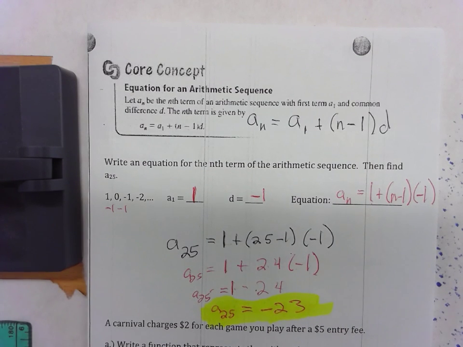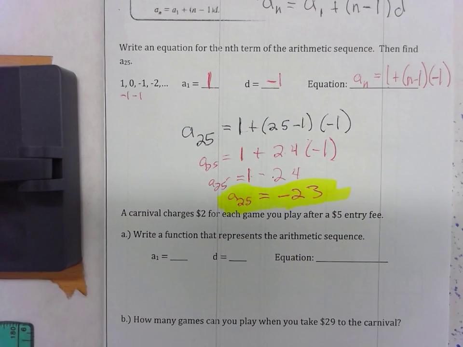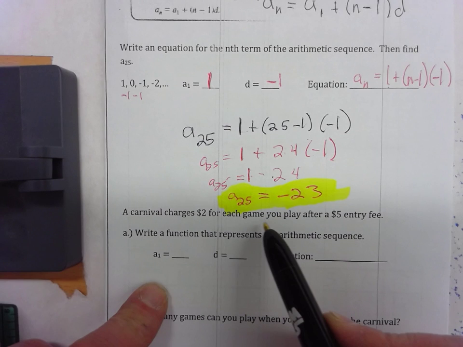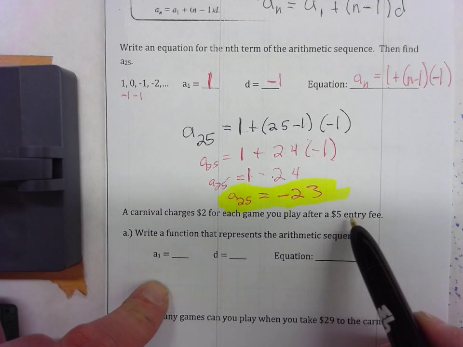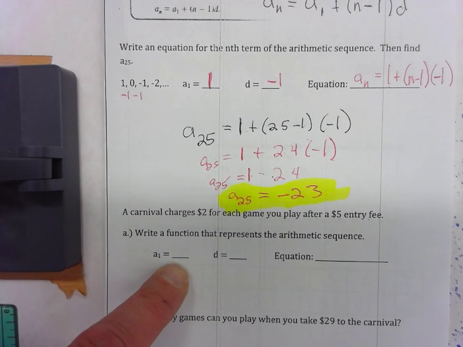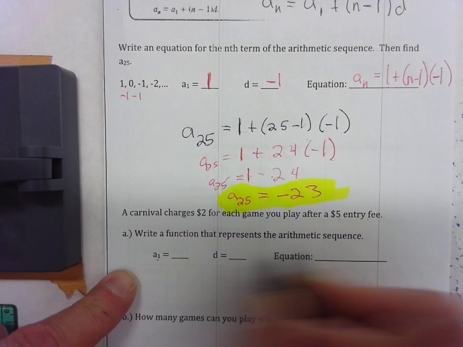Now, this problem right here drove me batty for a bit before I could figure it out. When you have a carnival that charges $2 for each game you play after you pay a $5 entry fee, you would think your first term is $5. But realize that your first term is not $5.